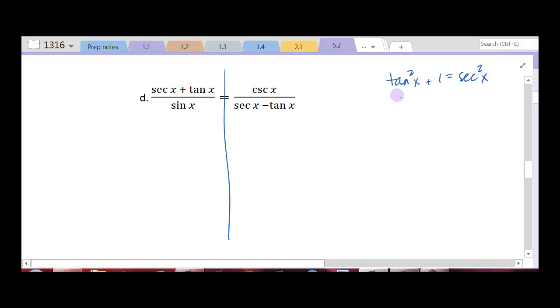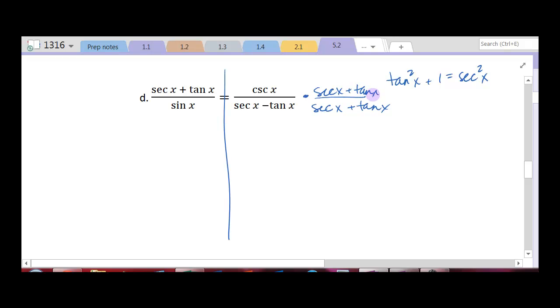So this denominator is kind of like my identity, except everything in here is squared. So what if I take this and I multiply by the conjugate, and I end up with, let's say, secant x plus tan x, over secant x plus tan x.